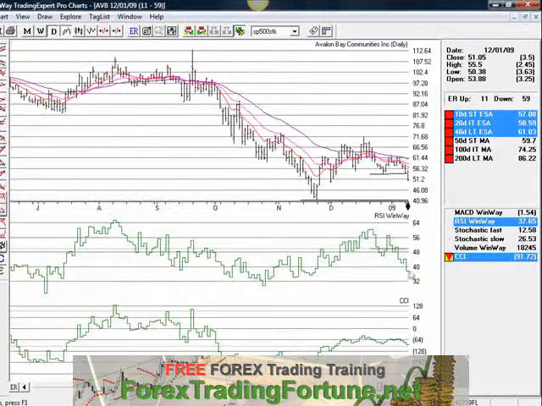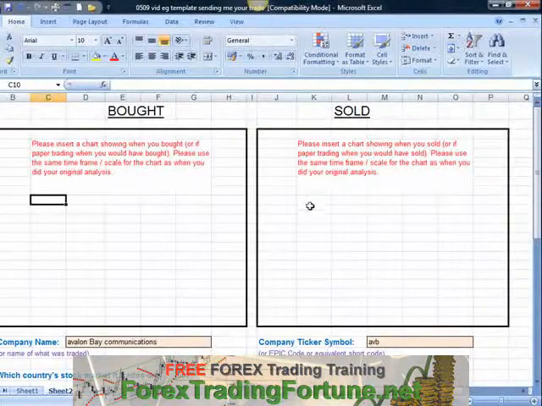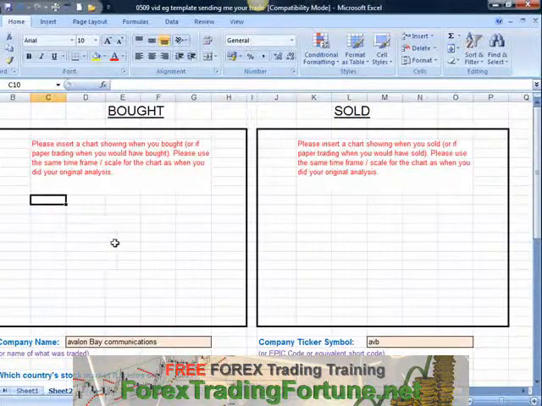I want to have one of the indicators up as well, so I can see what was happening. So we'll have CCI up. Let's have them both up. Actually, we'll have RSI up as well. Yeah, why not? Let's have them both up so I can see. And let's print screen.